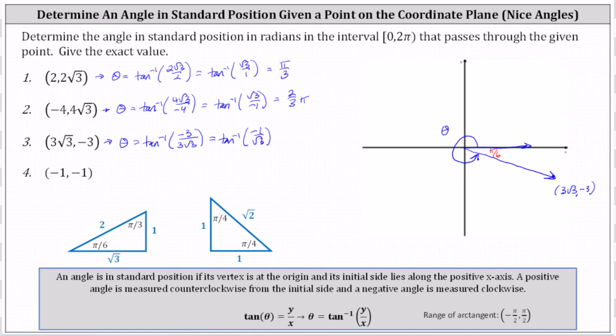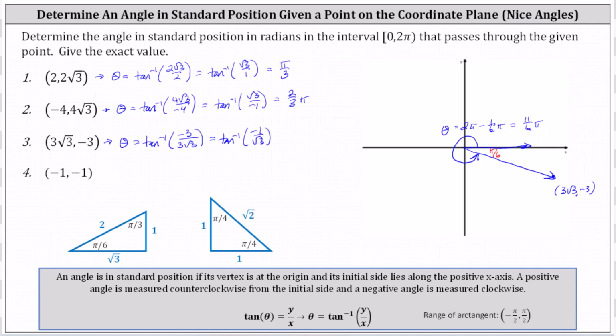From here, we should be able to recognize this indicates the angle theta we're looking for is equal to 2 pi minus pi divided by 6 radians. So 2 pi minus 1/6 pi, and we know that 2 pi is equal to 12/6 pi, so 12/6 pi minus 1/6 pi is 11/6 pi.